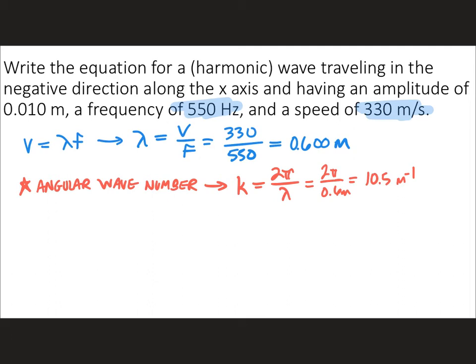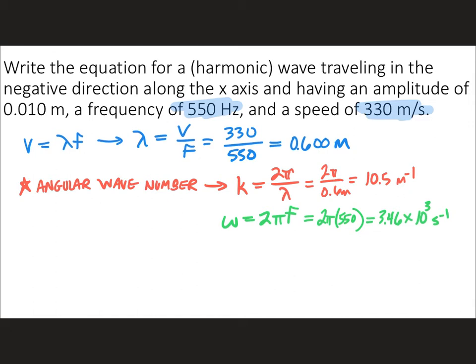It's also true that omega, we've seen this before, is 2 pi times frequency. And that means that our 2 pi times the 550 hertz that we already know about is going to give us 3.46 times 10 to the third inverse seconds, or hertz if you will.